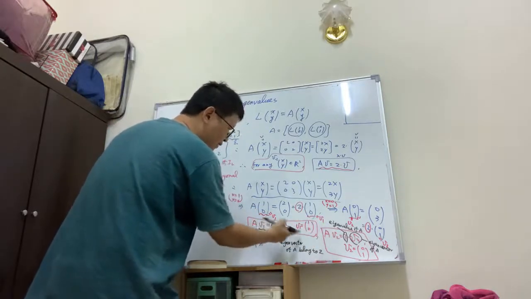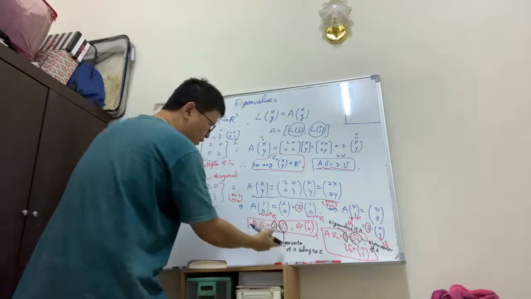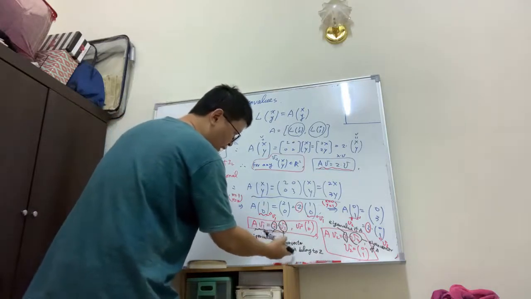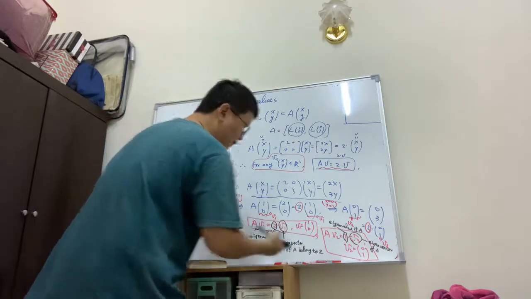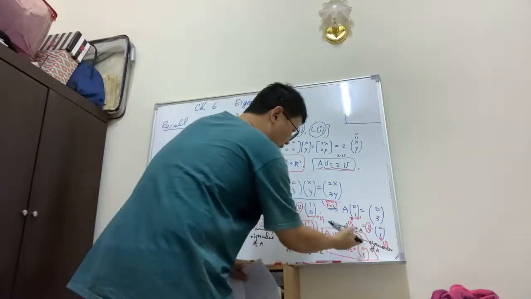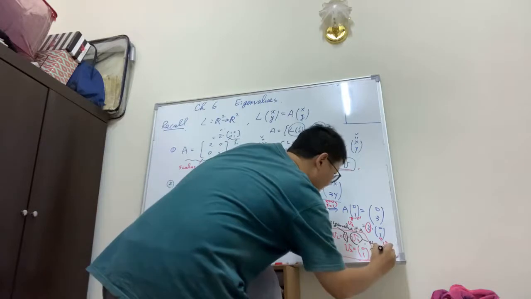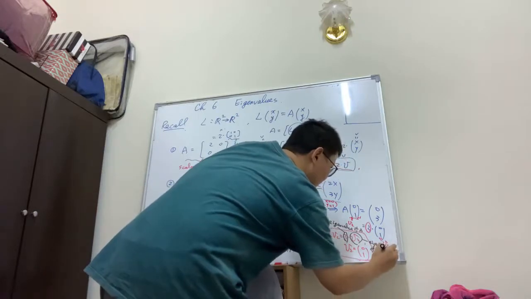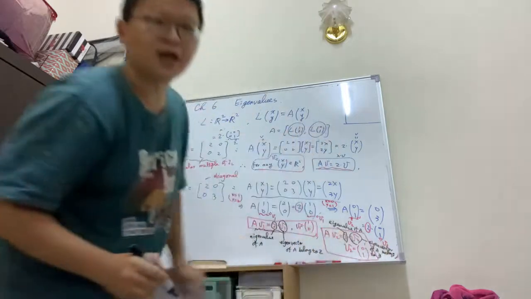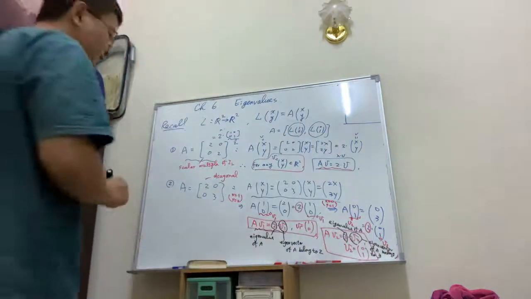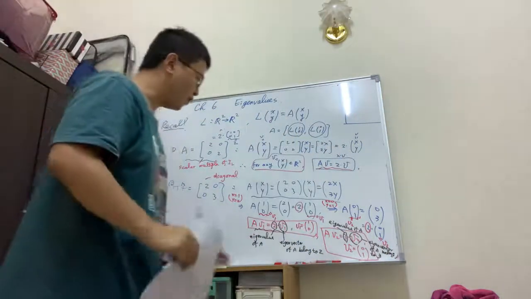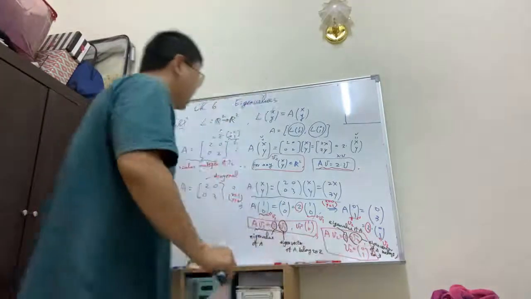For this eigenvector V1, this equation holds, so we call it an eigenvector of A belonging to the eigenvalue 2. And for this one, it's an eigenvector of A belonging to the eigenvalue 3.